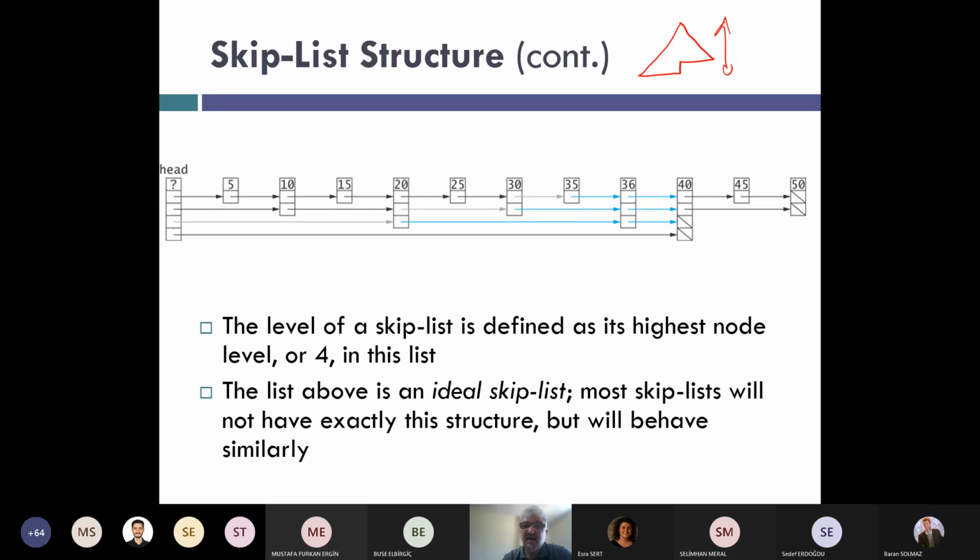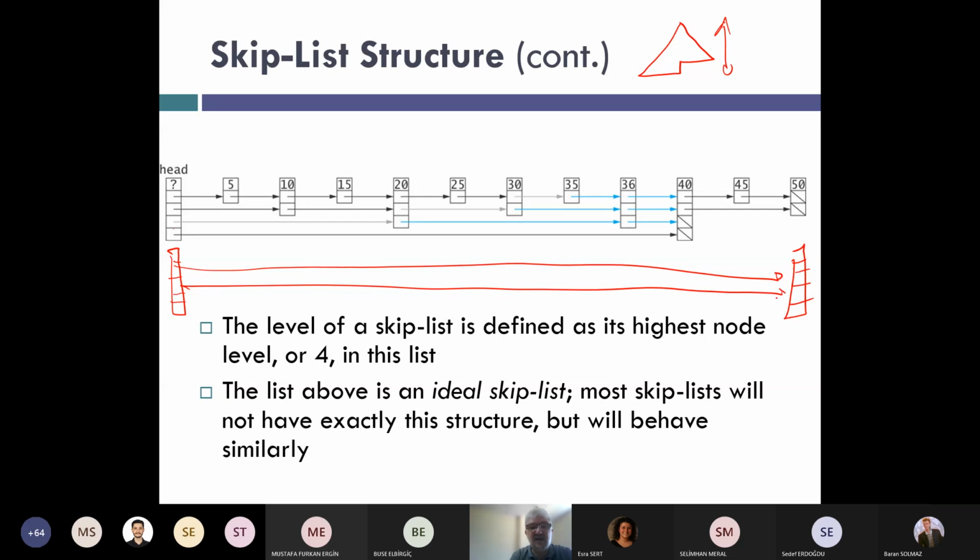It's not necessary to be like that. For example, we may have something like this: a node here, which is head, a node here, which has the same, everything goes to here except the first skip list, and the first skip list has all the elements.